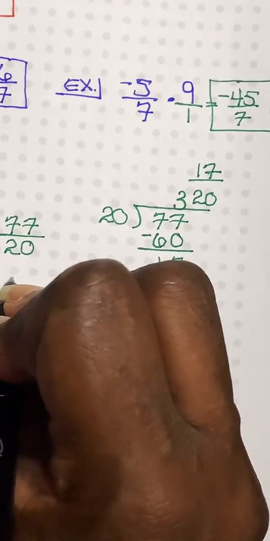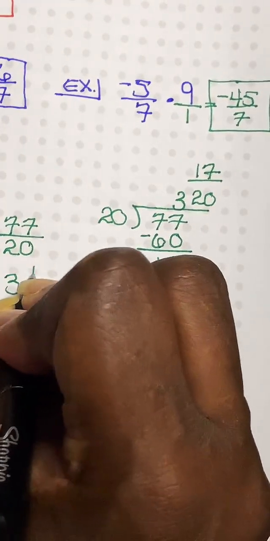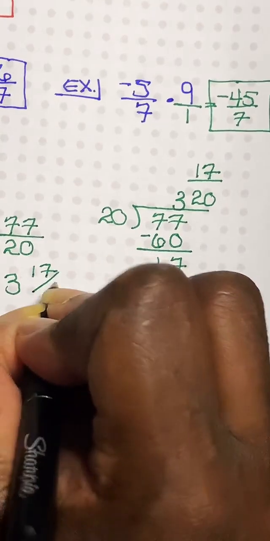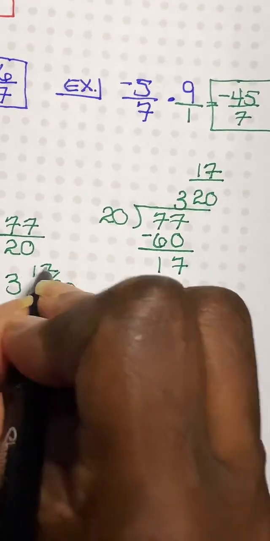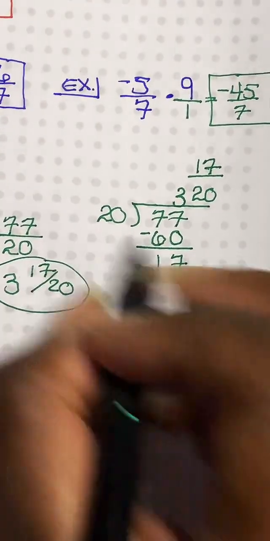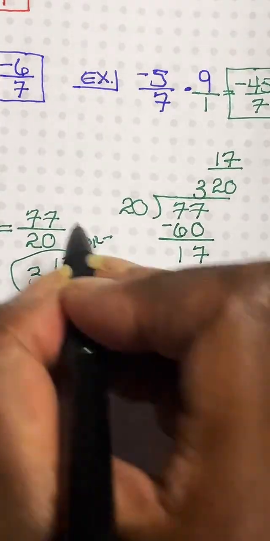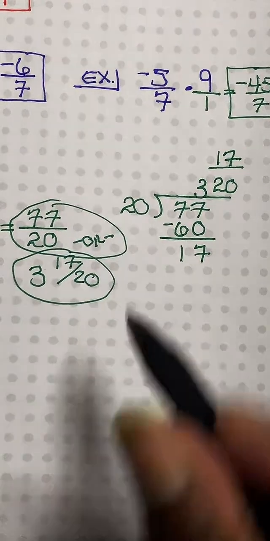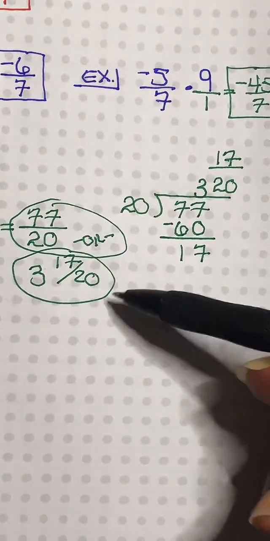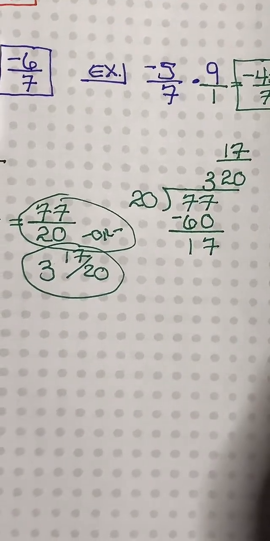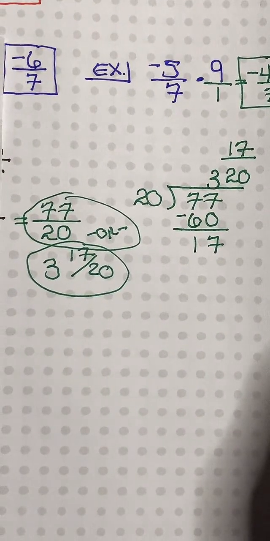So your exact answer will be 3 and 17/20. And I'm going to write the word "or" for my answers because it all depends if they want it as an improper fraction or a mixed number. Okay, got it?